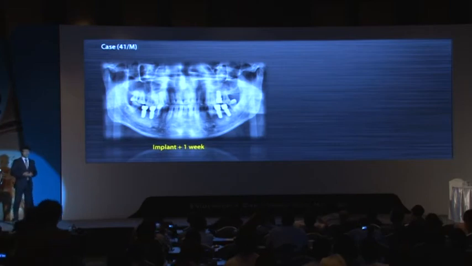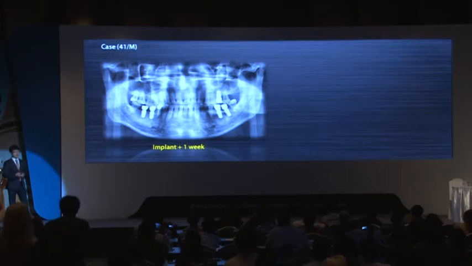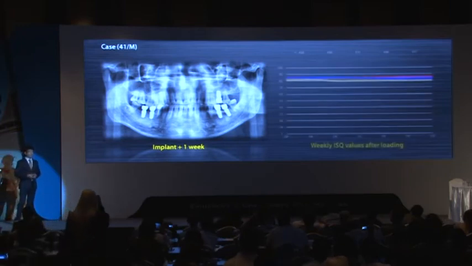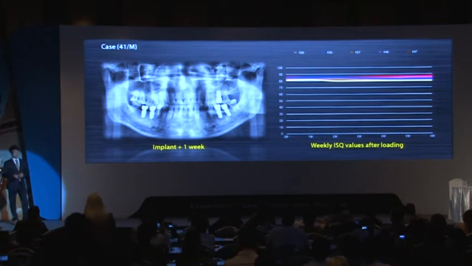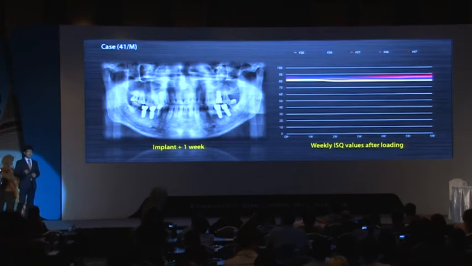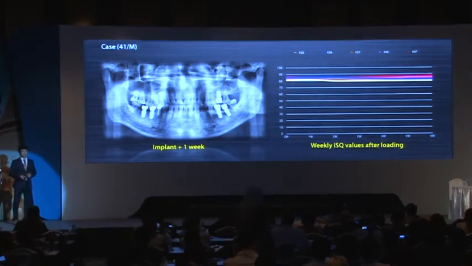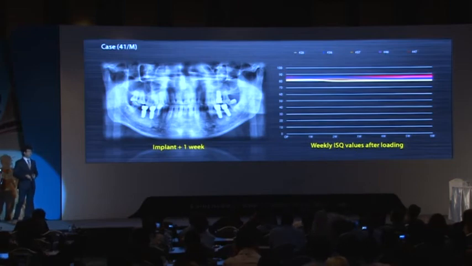And ISQ values were measured at an interval of 1 week in the same way. As you can see, all implants showed stable ISQ values, and I happen to know that if an implant gets strong initial stability at the time of implant placement, there are no striking changes of ISQ values, even after loading.